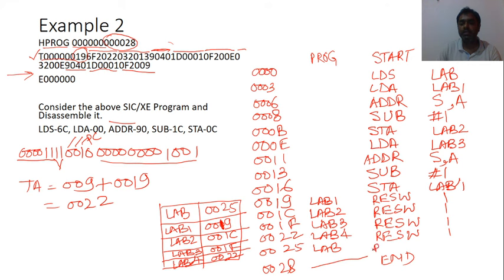So here I can write reserve word 1 or reserve byte 3. So the next address will be 0028. If I subtract 0000 from 0028, then I will get the size of the program. So this is the source program corresponding to this object program.